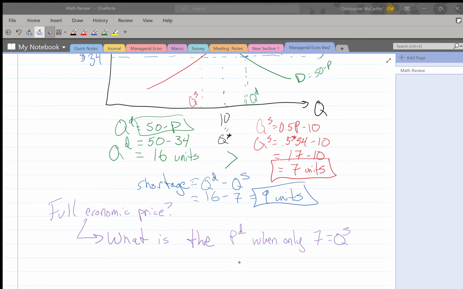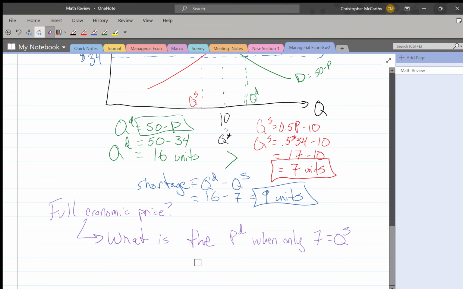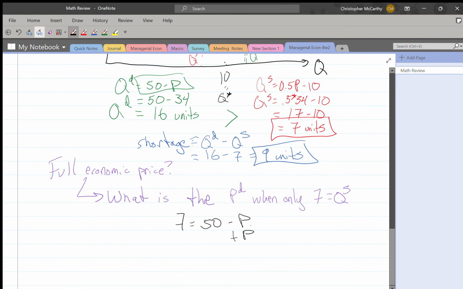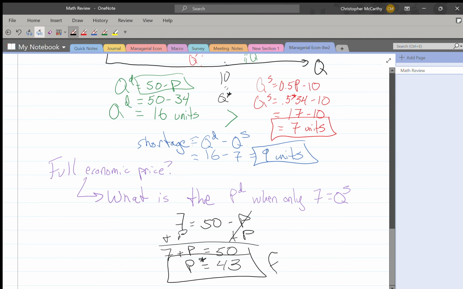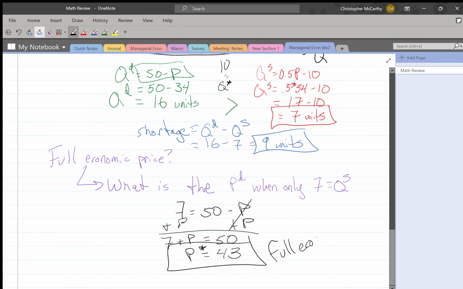It just takes a little bit of work. So it's 7 equal to 50 minus P. And so what are we going to do? We're going to add P to both sides. This is going to be 7 plus P is equal to 50. And we're going to end up with P equal to $43. So that is the full economic price.